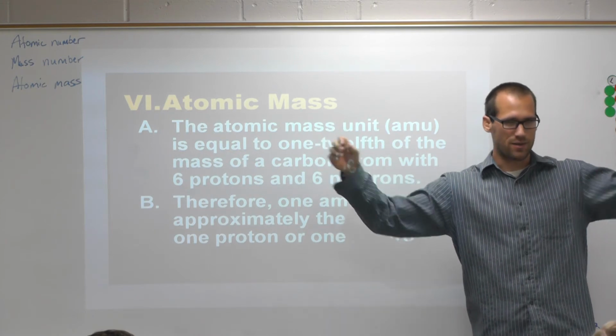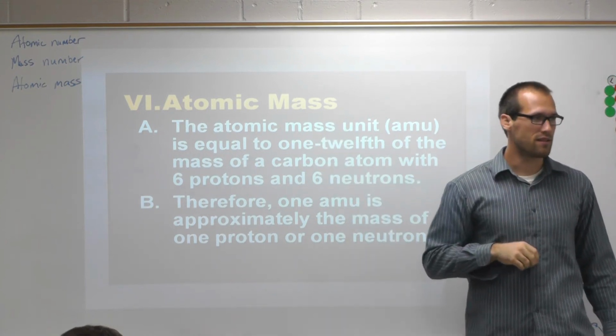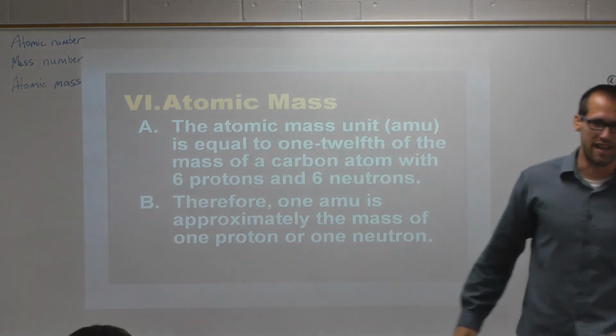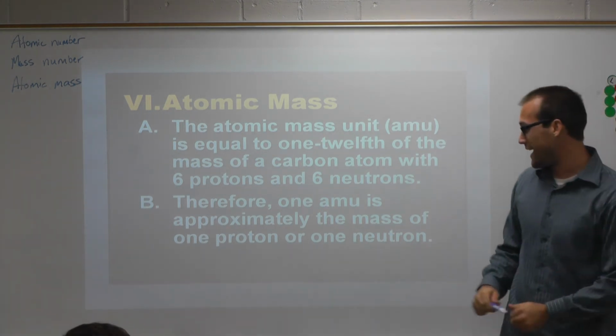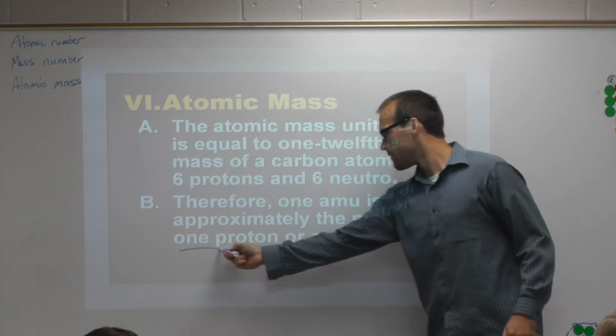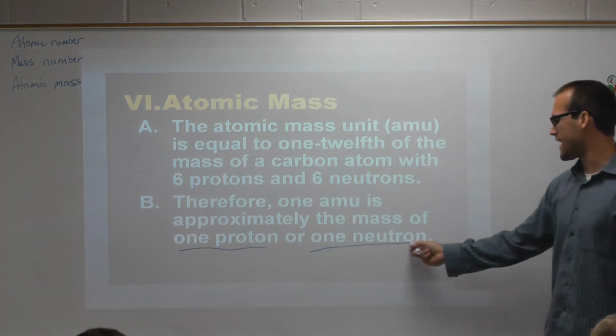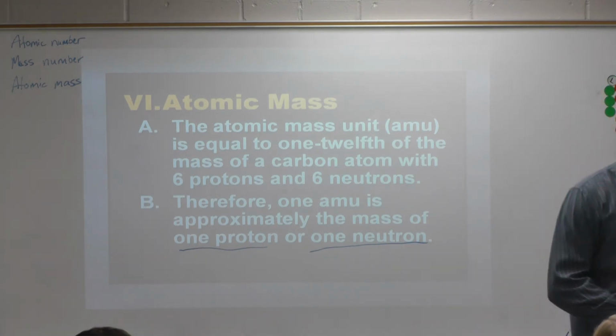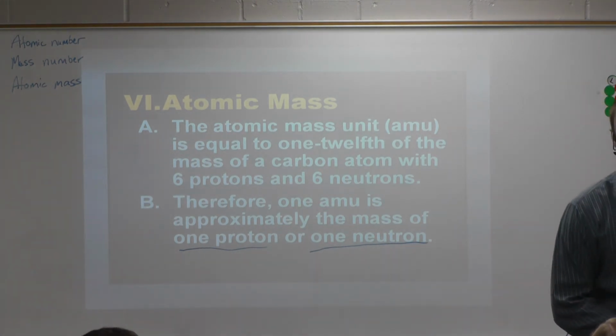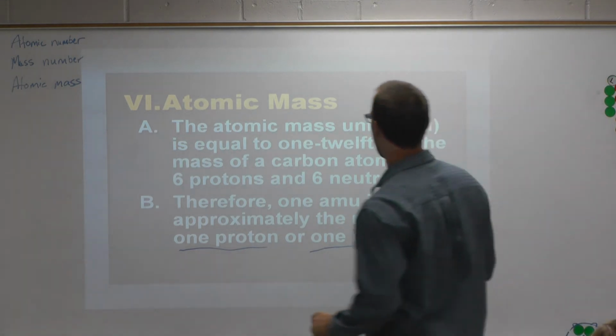An atomic mass unit, you can't see it. Why can't you see it? It's approximately the size of what? A proton or a neutron. So if the standard is the size of a proton or a neutron, we're talking about a really small unit, aren't we? Okay? So here's how I define it.